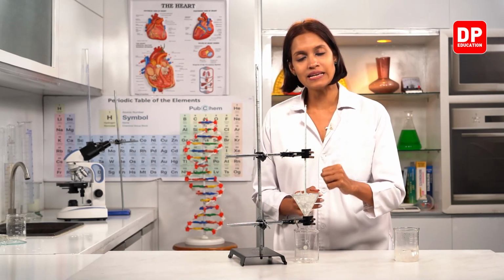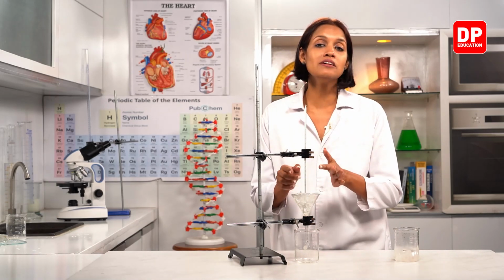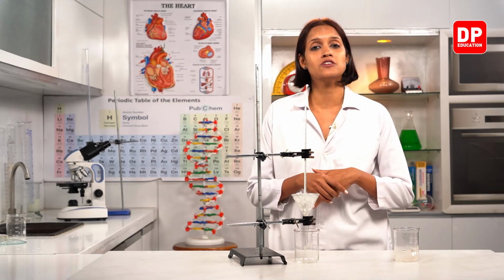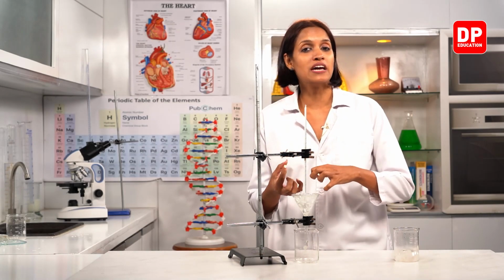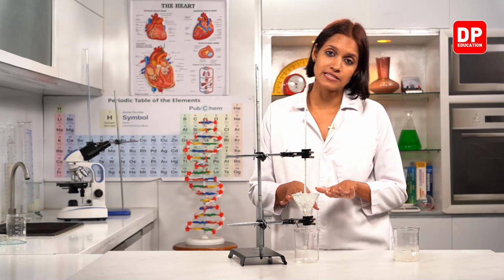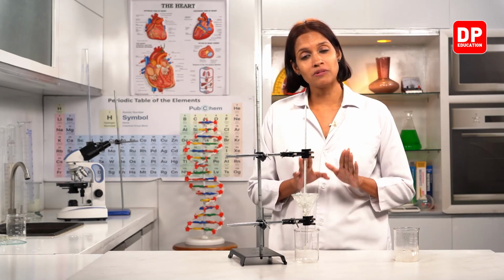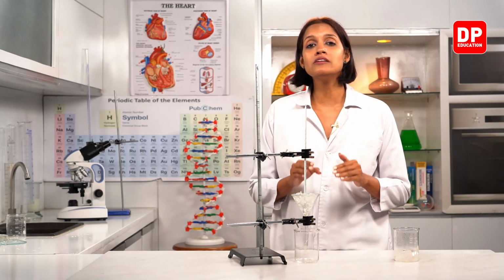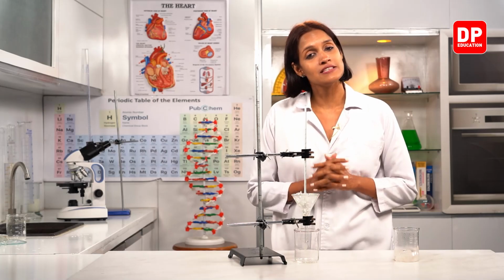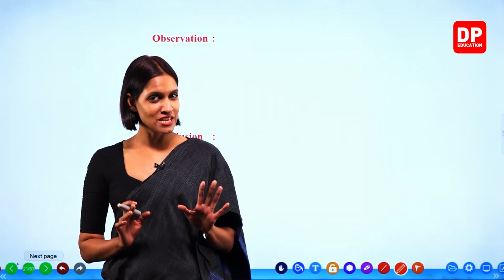When all the ice has converted to water, then what will happen? Then the temperature will increase, because water's temperature is higher than that of ice. Therefore, after doing this experiment, it's very clear that the melting point of ice is 0 degrees Celsius.